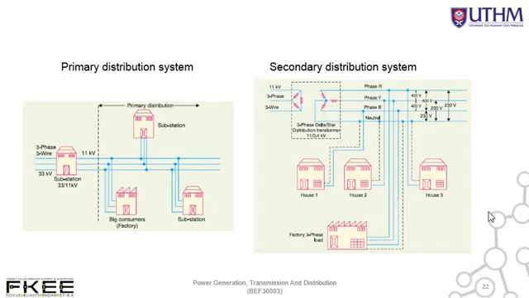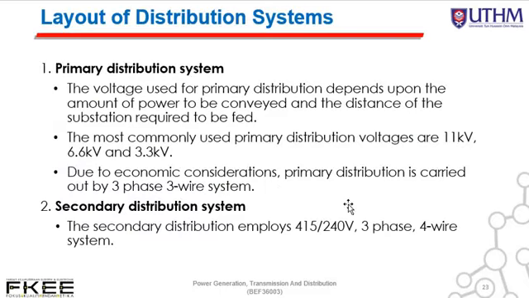An example of such consumers is the residential or domestic consumer. Due to economic consideration, primary distribution employs a 3-phase 3-wire system, while a 3-phase 4-wire system is viable for the secondary distribution system.